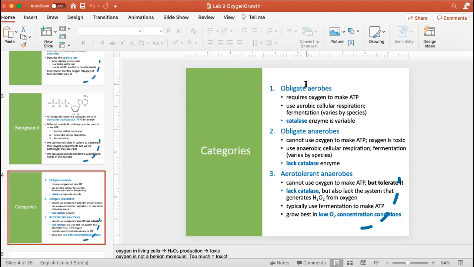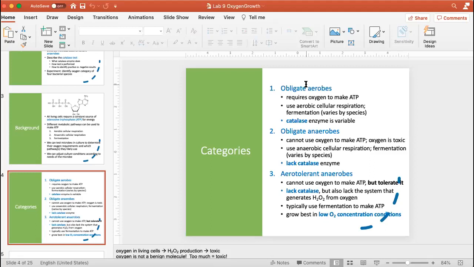Remember, cellular respiration is a long, long series of chemical reactions. And just before the ATP is made, we're at the end of this structure called the electron transport chain. Oxygen sits at the bottom of that chain, and oxygen functions to accept electrons that have been removed from glucose.